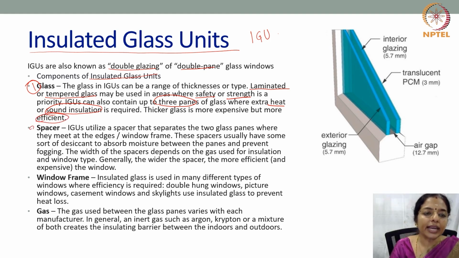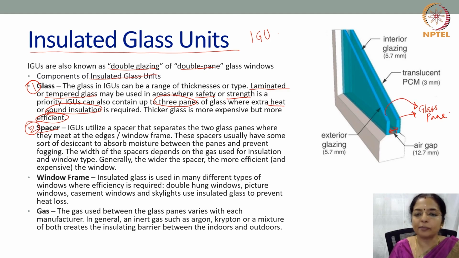The second component is the spacers. Insulated glazing units utilize a spacer that separates two glass panes. So you have to separate these two glass panes. So this is a glass pane and this is another glass pane of this double glazing unit.